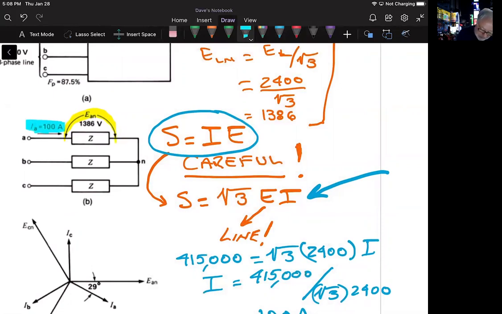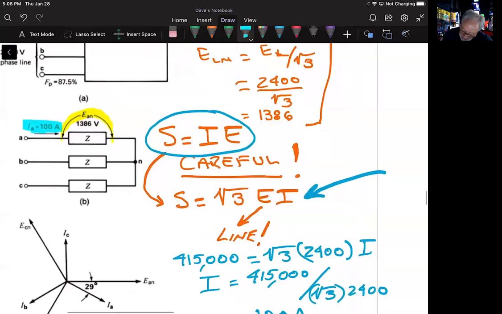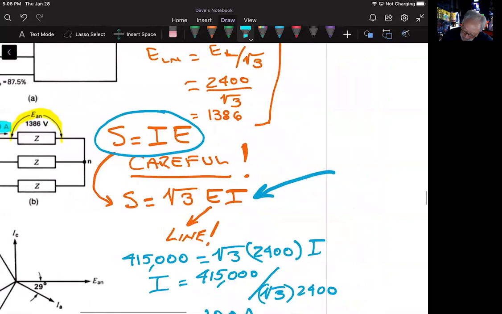So what can we do here? What are we doing? I forgot what we were doing. Oh, we're trying to find the impedance. All right, so we got so much information. We can definitely find the impedance. If we know the voltage, so Z, impedance, is equal to the voltage divided by the current.